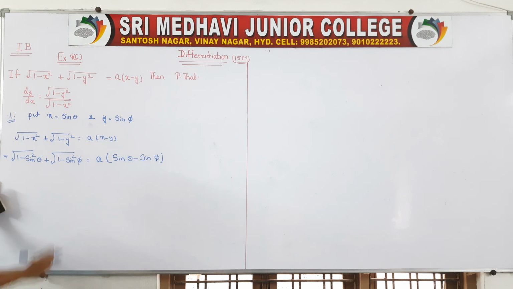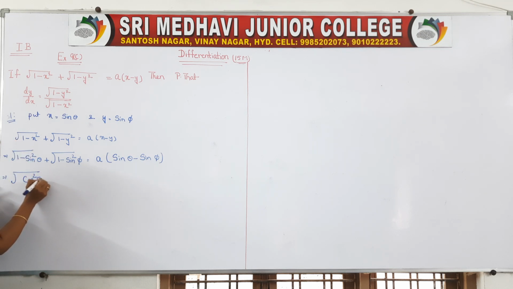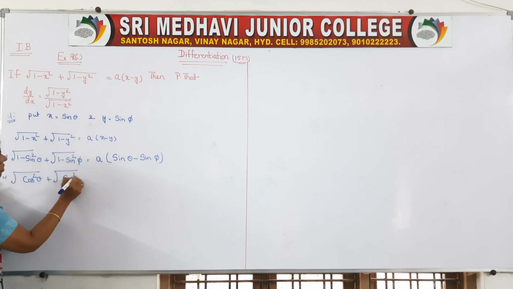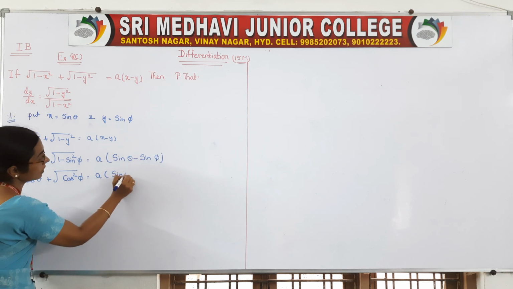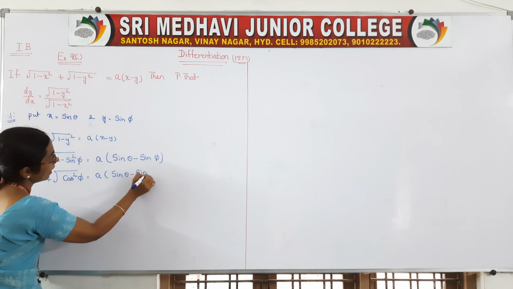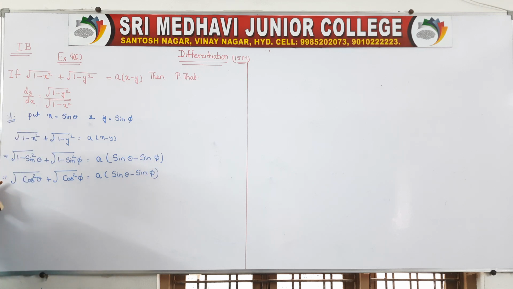Now this is 1 minus sine square theta. By our trigonometric identity, we can write this as cos square theta plus root of 1 minus sine square phi. Again the same formula is repeated, so it is cos square phi, is equal to a into sine theta minus sine phi. Here the square root will get cancelled.